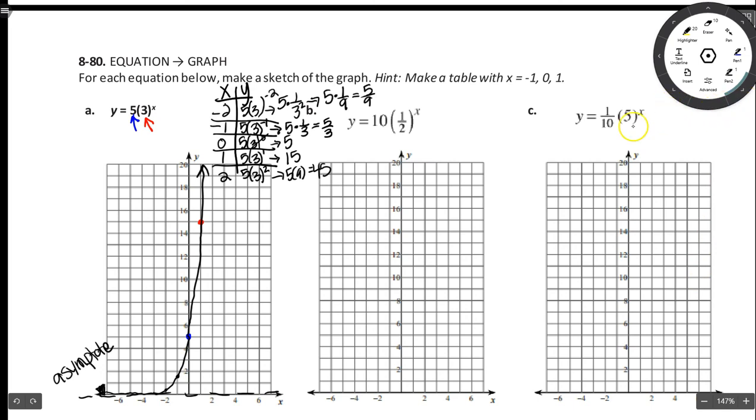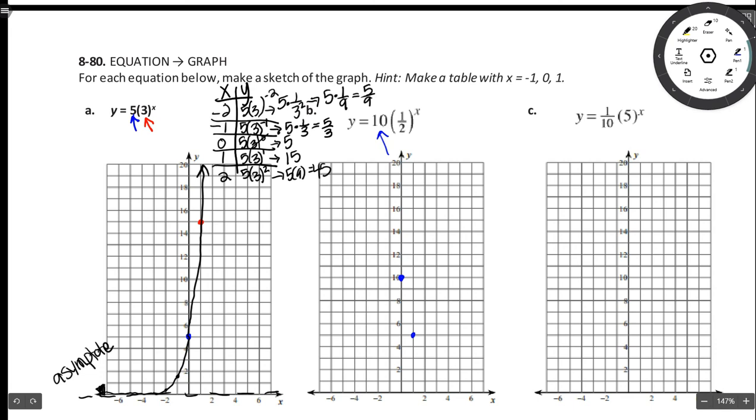So once again, you can look at it from two ways. You can always start off with your starting value at 10 and then your multiplier. So it's telling you multiply by 1/2 to get to the next number. So 10 times 1/2 is just 5. So for when x is 1, it's going to end up at 5.